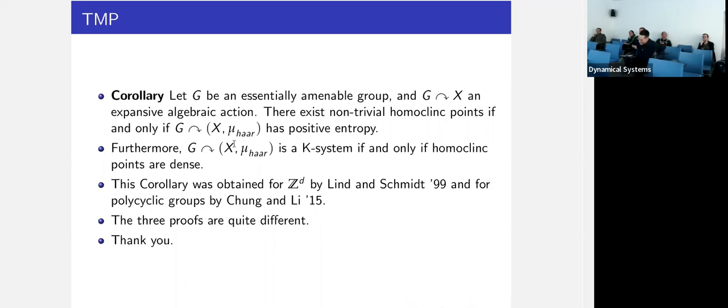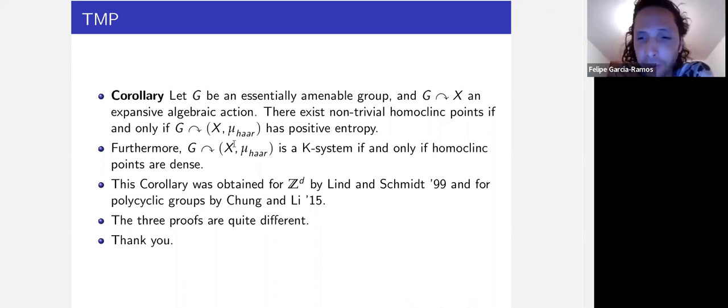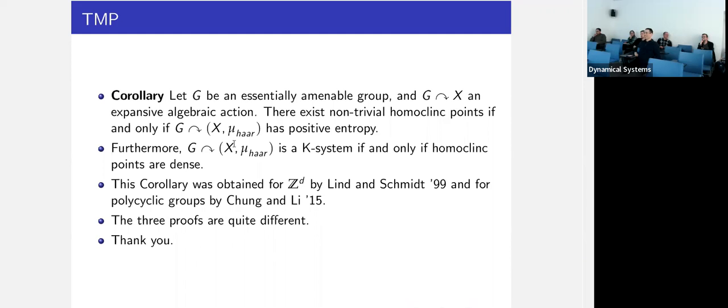So a K-system means positive entropy for every finite partition, right? Yeah. There are equivalent definitions for actions of Z plus, so I asked which definition of K-system is the most useful.